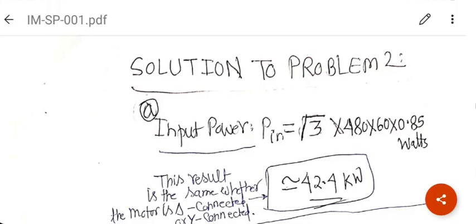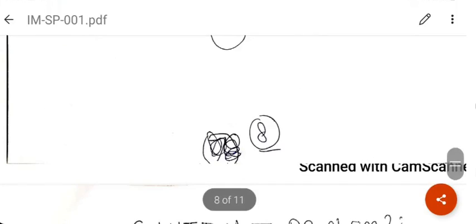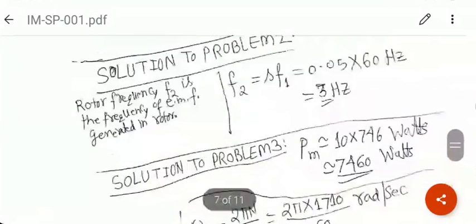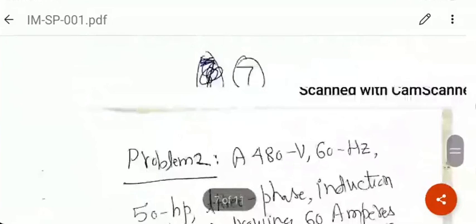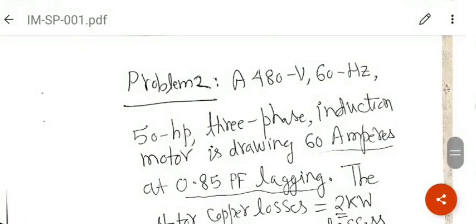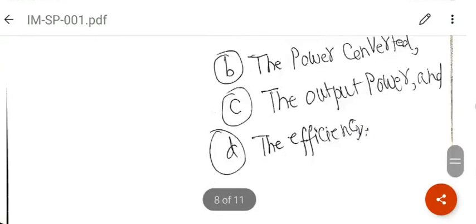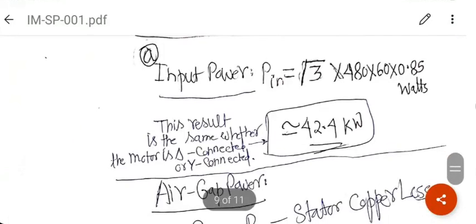So VL magnitude is 480, IL is 60 amperes, cos phi is 0.8. So we use all those values here. Sorry, 0.85. The input power turns out to be 42.4 kilowatt.